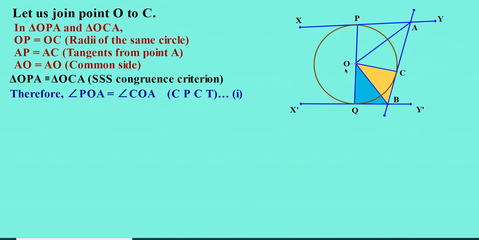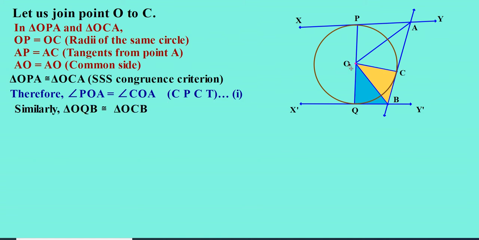Now, what about triangle OQB and OCB? The same way you can prove these two triangles are also congruent, because OC is equal to OQ, radii, BQ is equal to BC, tangents from point B, and OB is equal to OB, common.